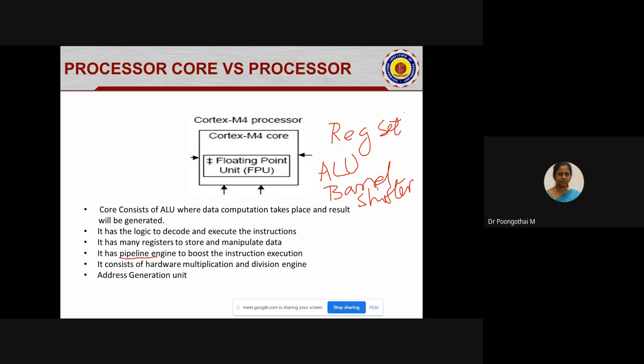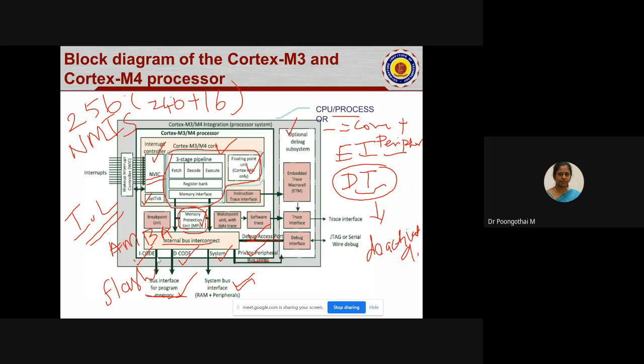So is this a single core processor or multi-core processor according to this diagram? Single core processor. There is only one core, so it is called single core processor. The CPU may have multiple cores also, but in this case, this Cortex M4 consists of only one core, so this CPU is called single core CPU.